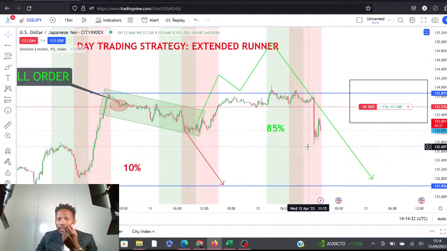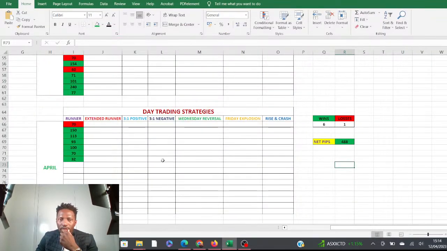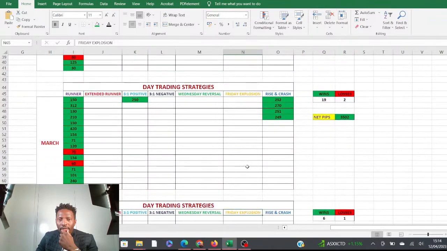It is very, very rare that I trade on Fridays. If you look at my results, which is going to tell you in terms of all the strategies that I trade, there is one called a Friday explosion. I will probably trade this maybe twice or three times a year, and you're going to see so far there hasn't been a single trade on that one.